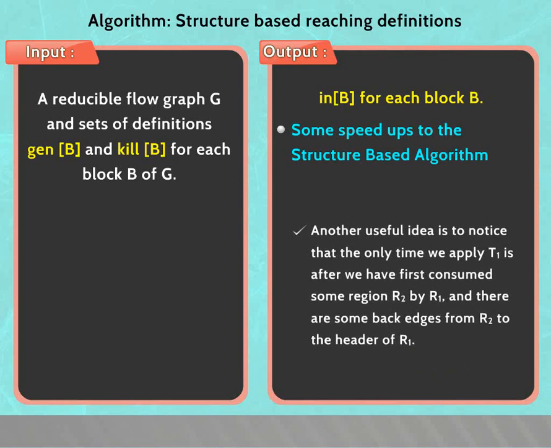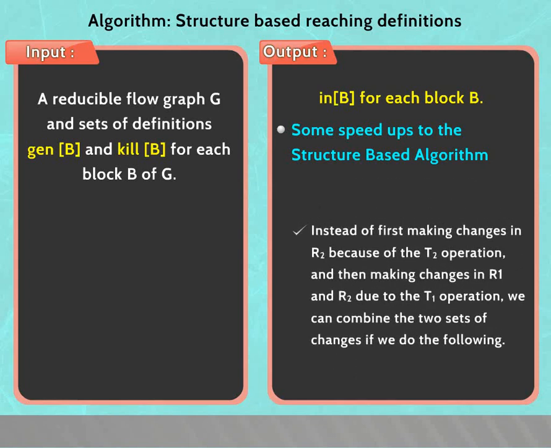Another useful idea is to notice that the only time we apply T1 is after we have first consumed some region R2 by R1, and there are some back edges from R2 to the header of R1. Instead of first making changes in R2 because of the T2 operation and then making changes in R1 and R2 due to the T1 operation, we can combine the two sets of changes if we do the following.